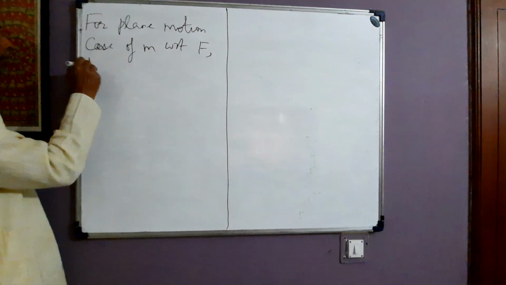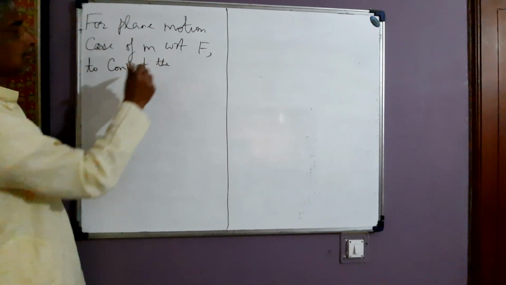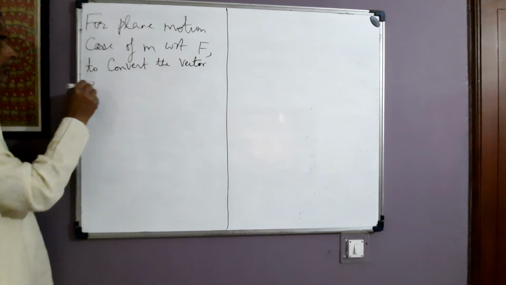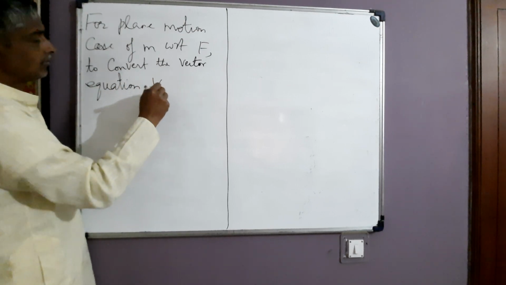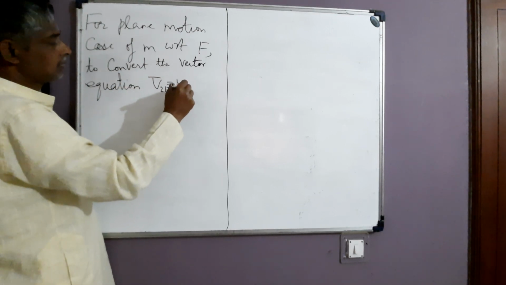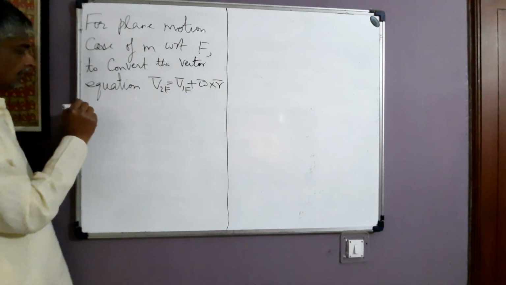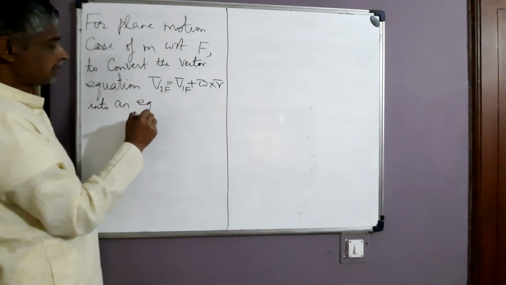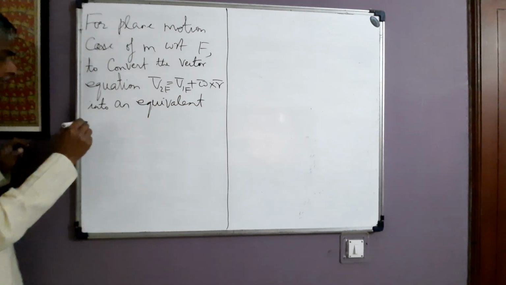To convert the vector equation V2F is equal to V1F plus omega cross R into an equivalent scalar form.